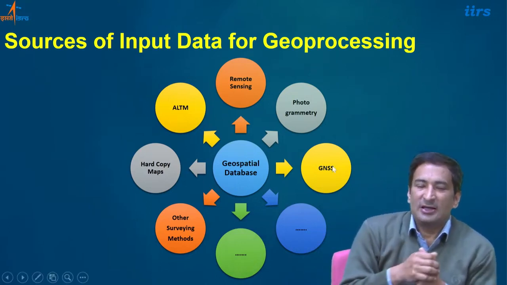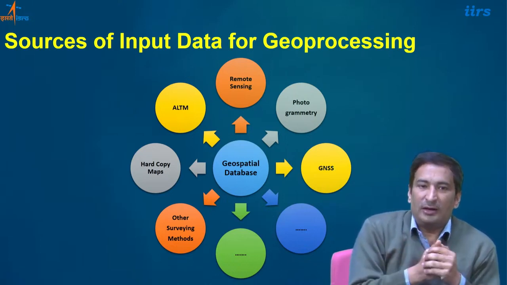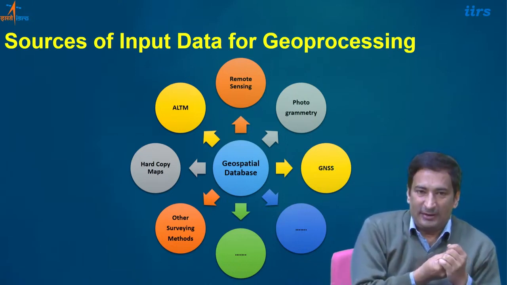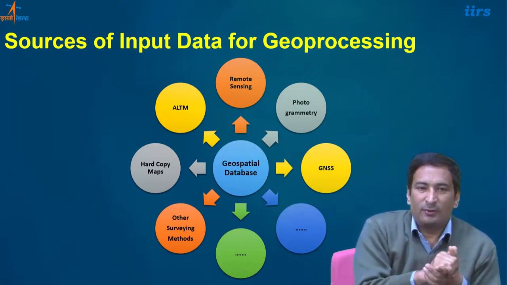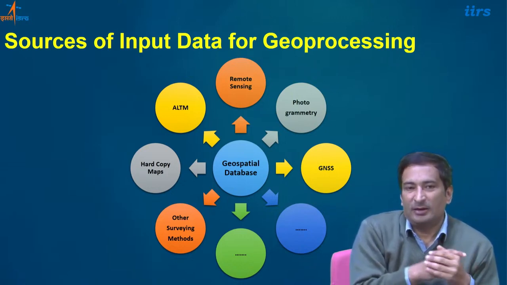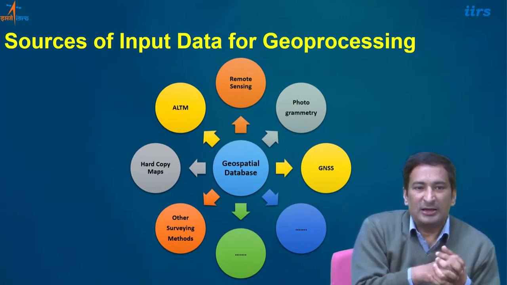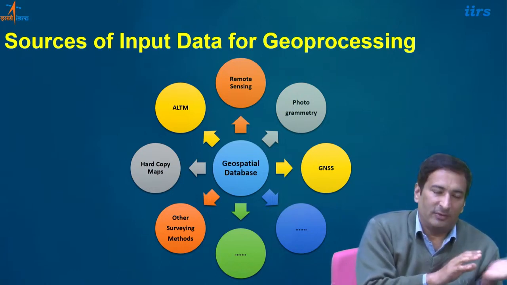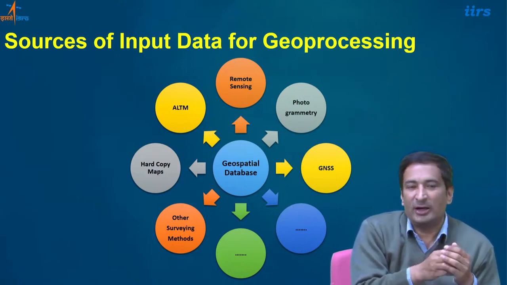Similarly, the location information, the latitudes and longitudes, we can get from a GNSS, that is Global Navigation Satellite System. It can be regional also. And then others, like surveying methods, are there. Hard copy maps are also available with various survey agencies and different government agencies.